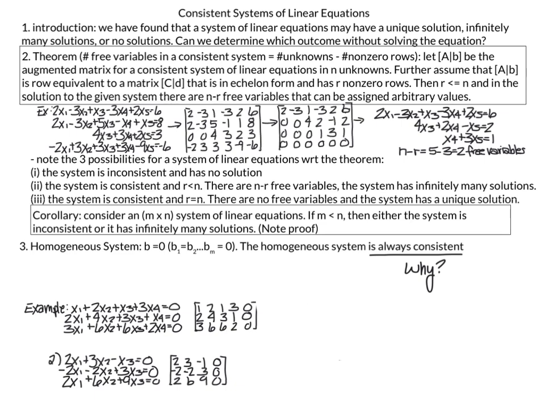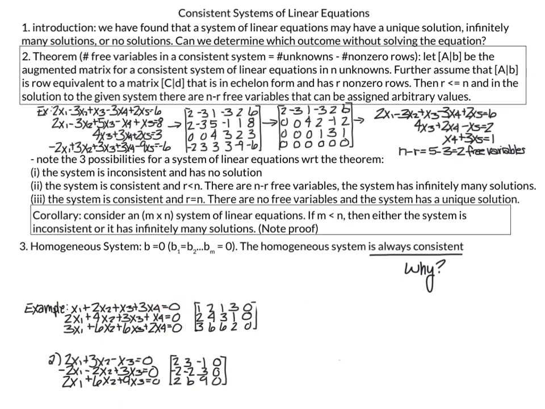The first thing we want to note is that a homogeneous system is always consistent. There is always a solution. Do you know why that is? It's like our last example: when we looked at these equations and set them equal to 0, there was always a way to find a solution for x1, x2, x3, and x4 such that the linear combination is equal to 0.